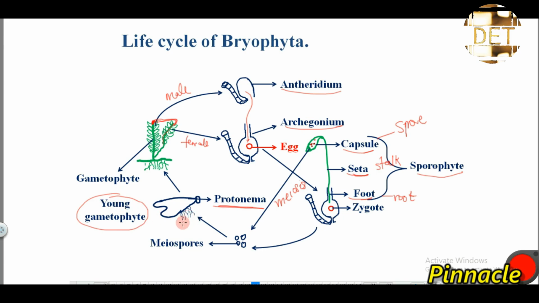You can see the root-like structure. After some time, this protonema develops into the gametophyte plant. So this is everything that you need to know about the life cycle of the bryophyta. With this, we come to the end of this lesson.